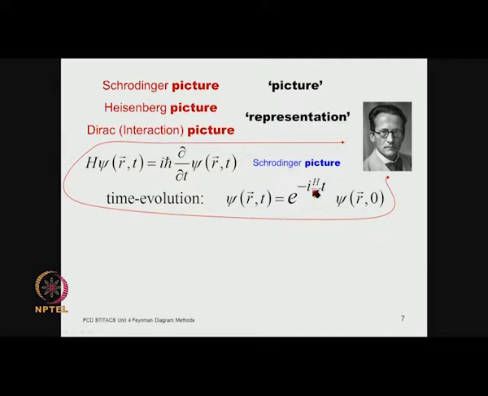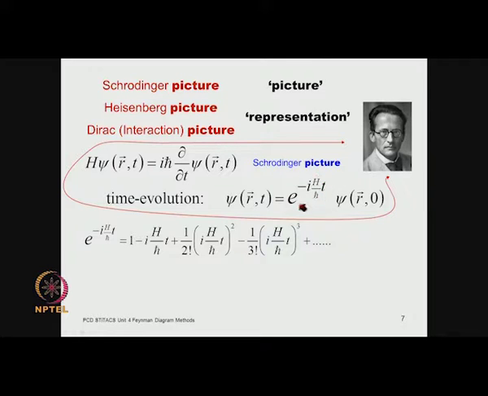So, this is what gives you the Schrodinger equation, and this is the typical Schrodinger picture quantum mechanics that we are used to. So, this is the description of a state vector at time t, and we are essentially looking at stationary state solutions.